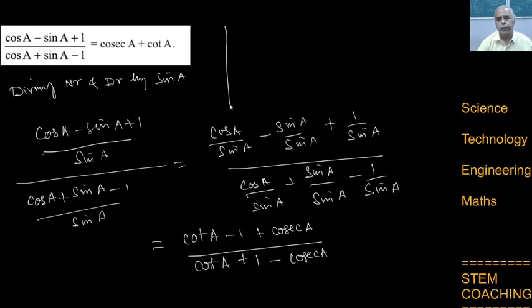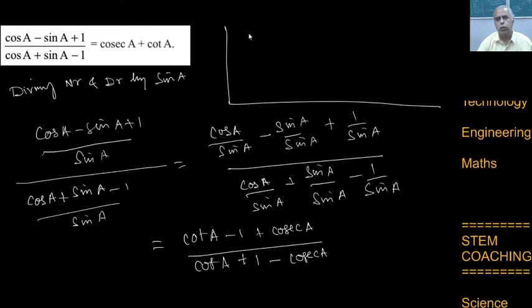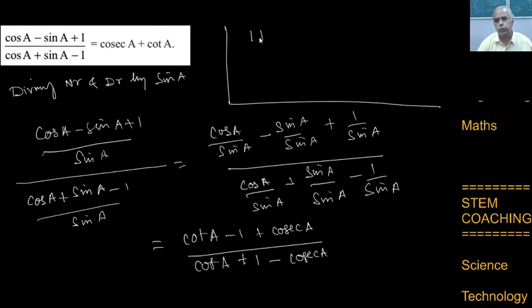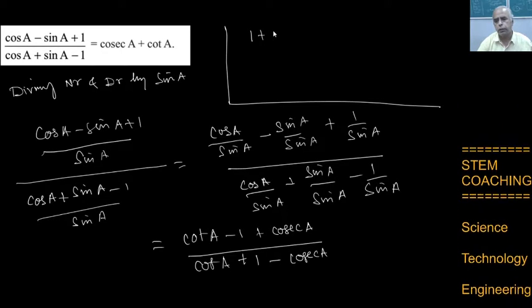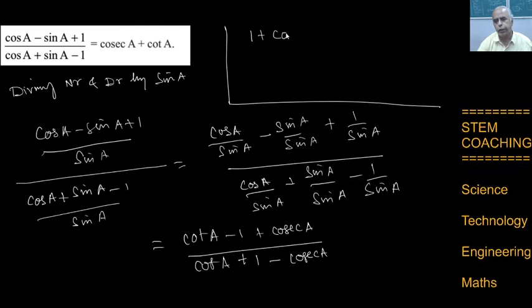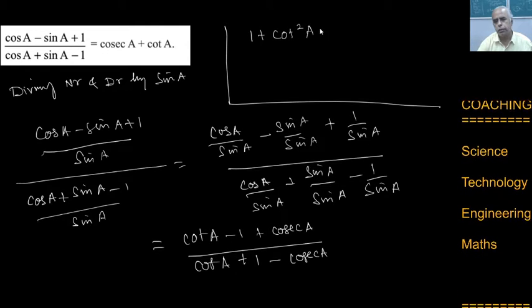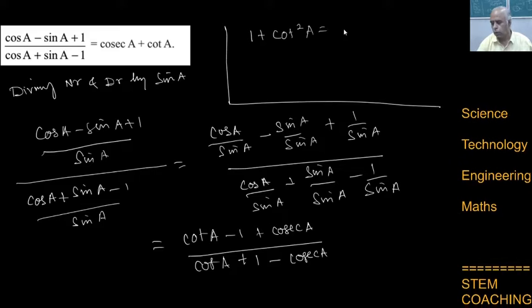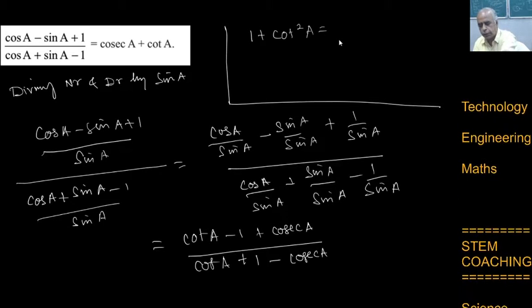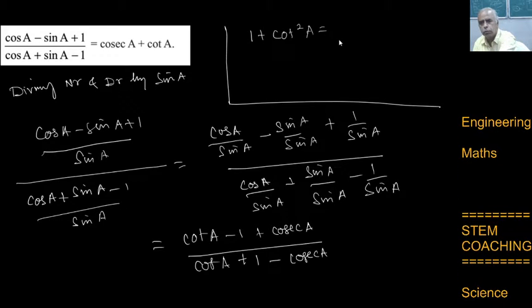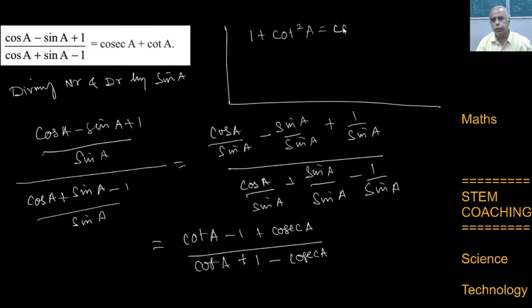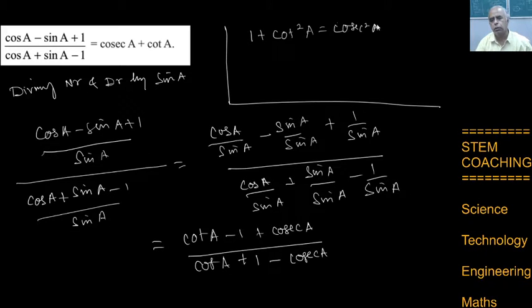We know already that 1 plus cot squared A is equal to what? 1 plus cot squared A is equal to? Cosec square, sir. Very good. Cosecant squared A. Right?